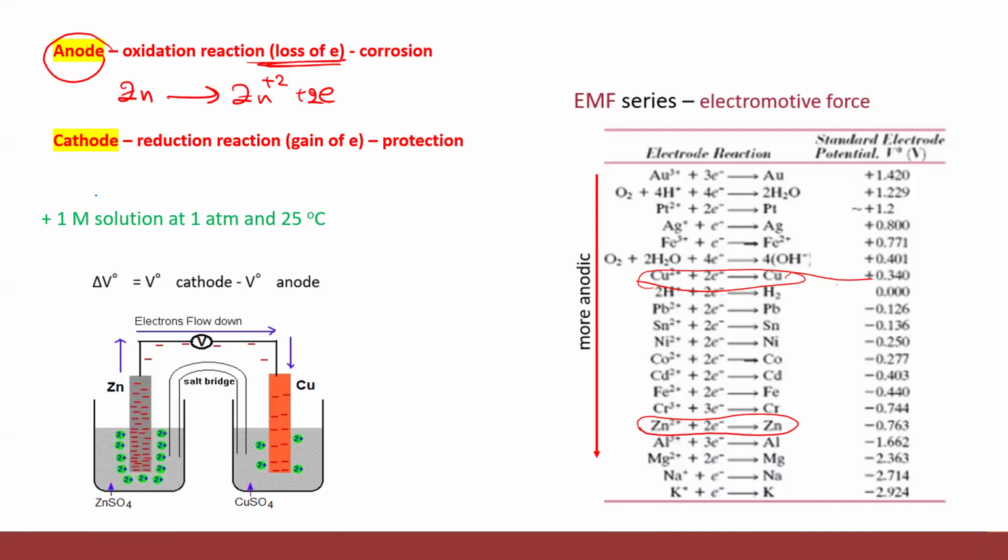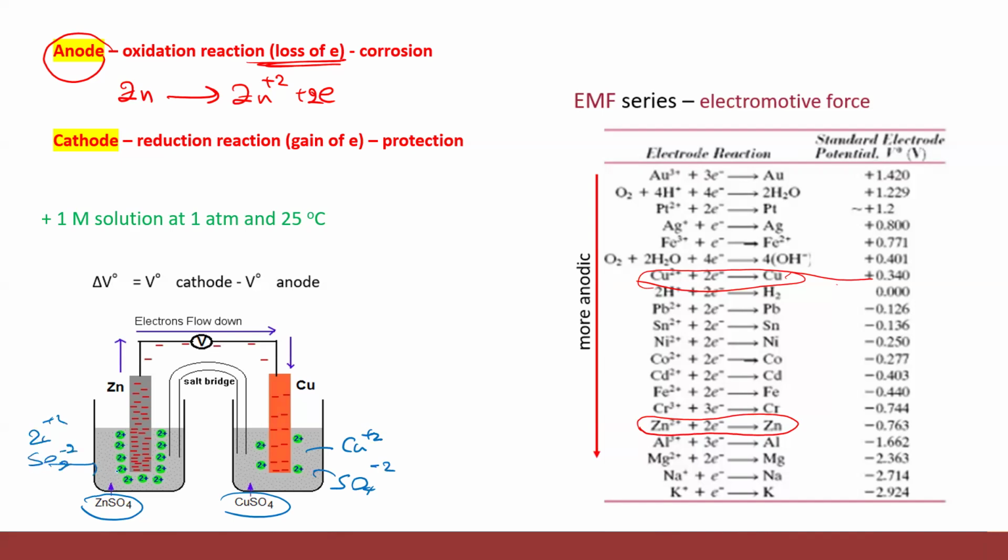These two metals are in their own solutions. Zinc is in zinc sulfate, and copper is in copper sulfate. In this one, you have Cu2+ and also SO4 2-. So these ions are in the solution. On this side, zinc ions and also sulfate ions are there.